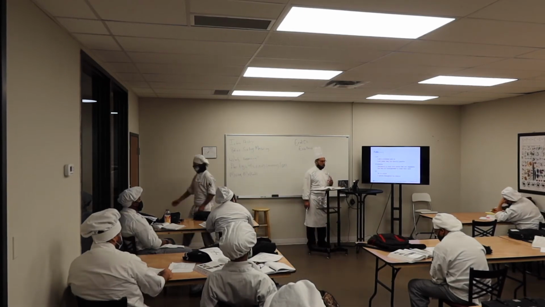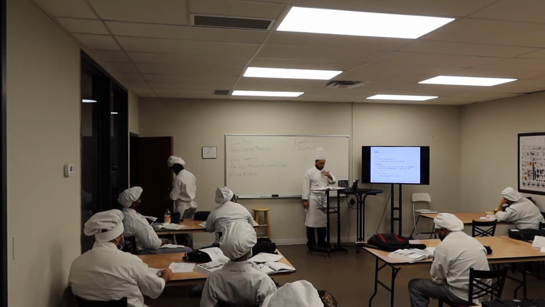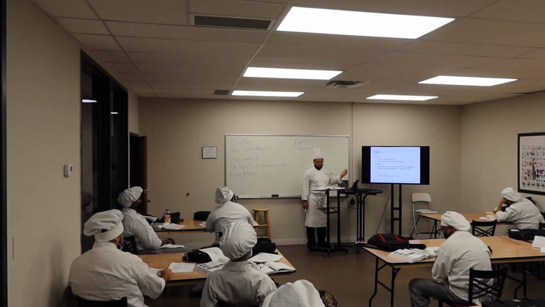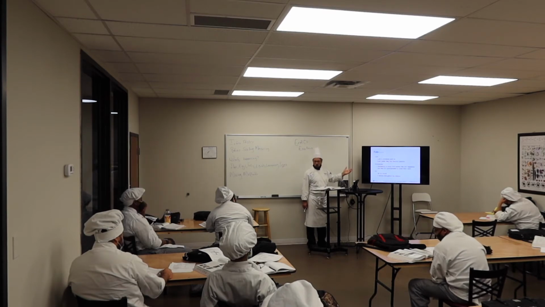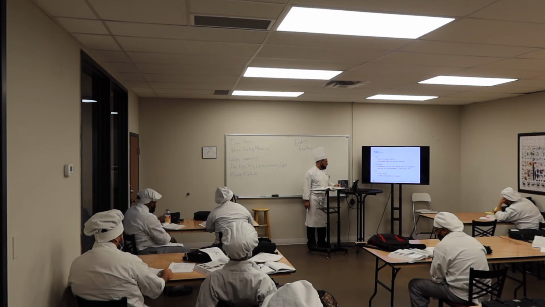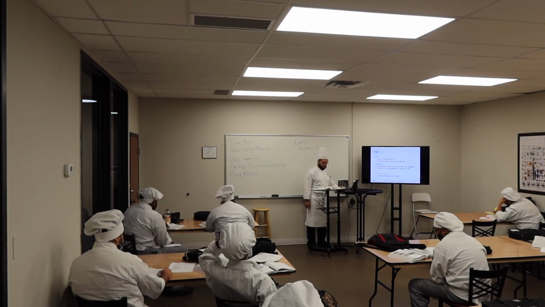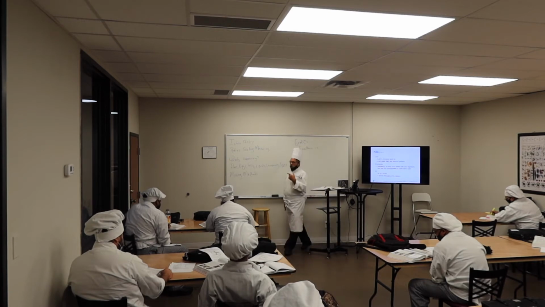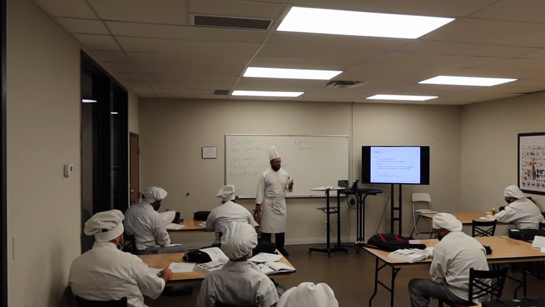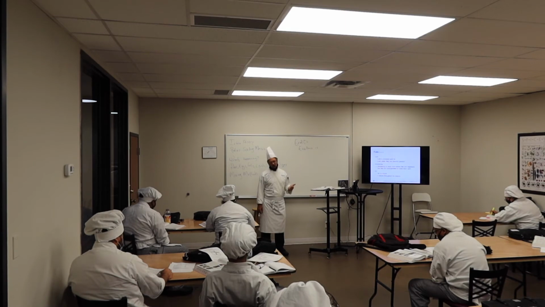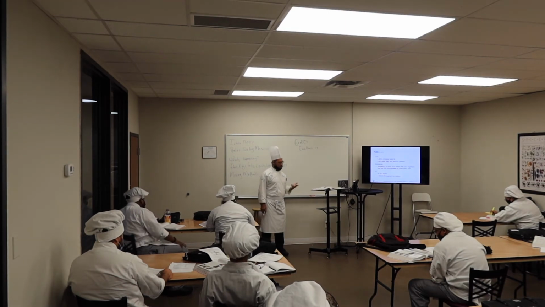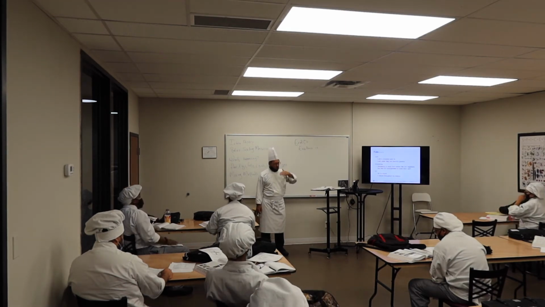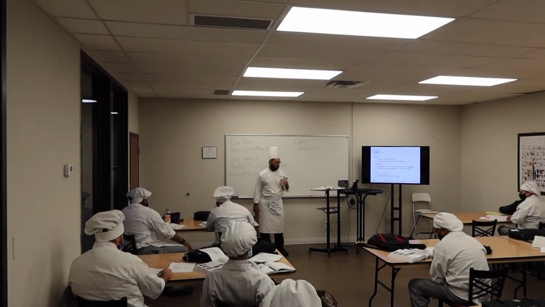So a lot of times in those where you want a consistent texture, like cakes, that's where you use oil. You want to blend it throughout the mixture, whereas sometimes when you're working butter into something like pies, scones, biscuits, you want chunks of the butter to exist.